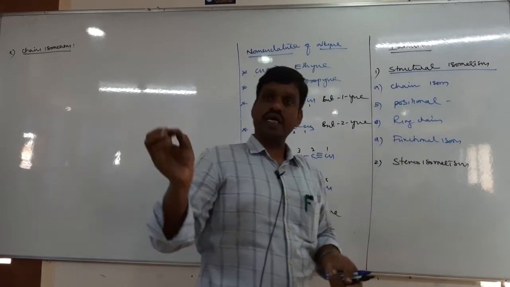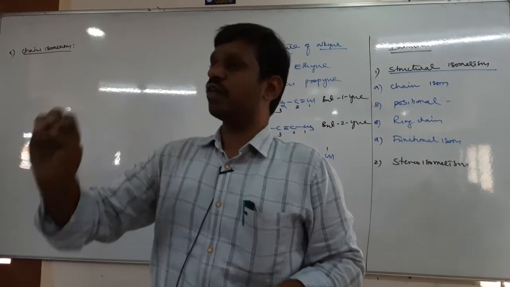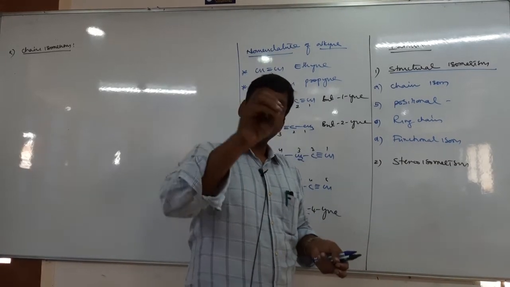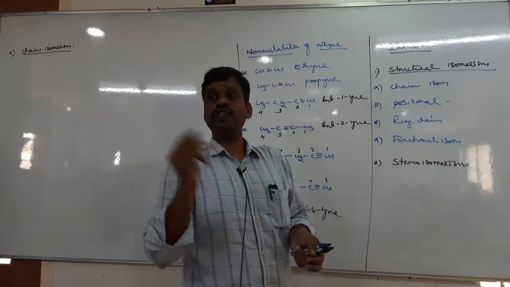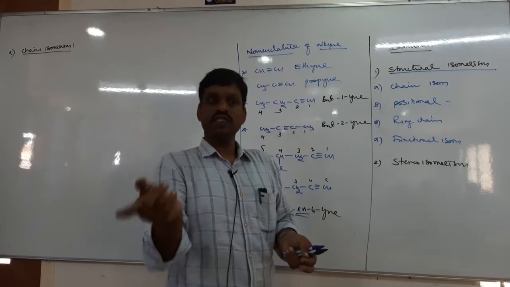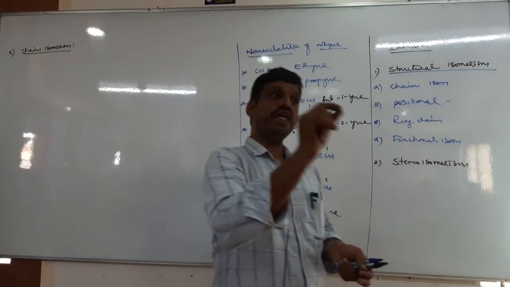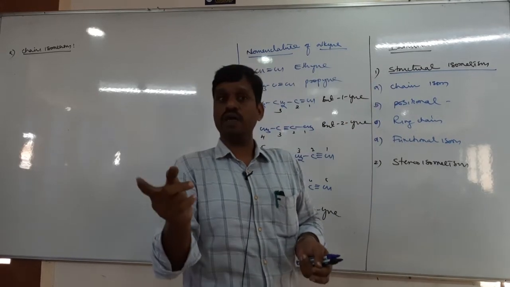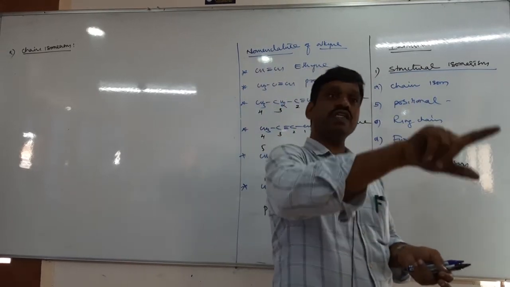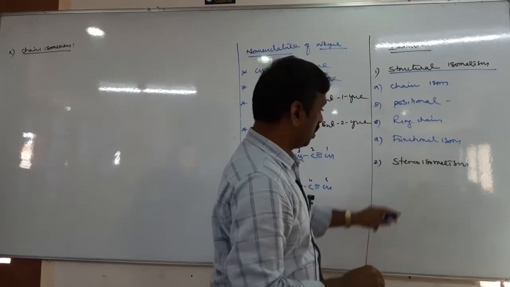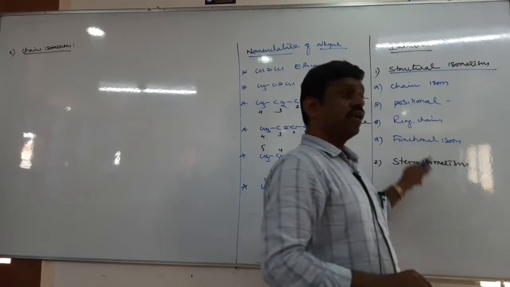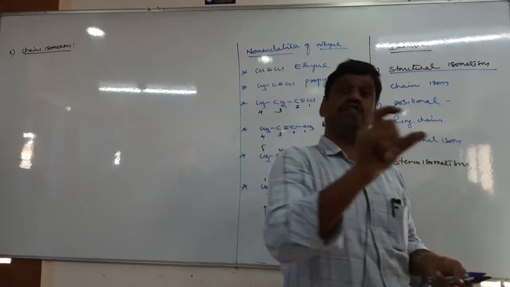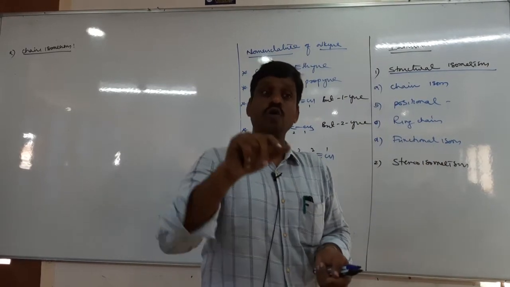Next, ring chain. The organic compounds which have the same molecular formula but differ in what? One is a ring, the other should be an open chain. Ring chain. Same molecular formula, they should differ in mode of attachment of carbon-carbon. One is an open chain, another one is a cyclic ring. Next is functional. Here organic compounds which have the same molecular formula but have different functional groups.